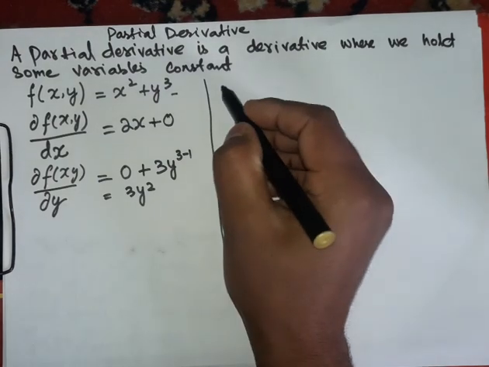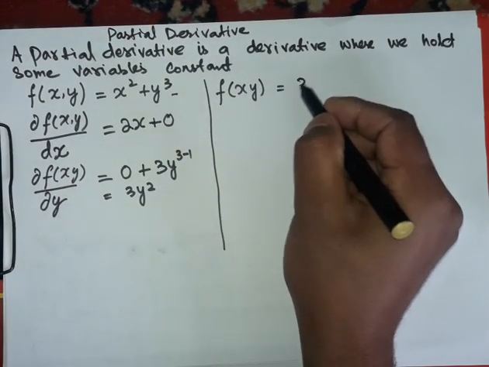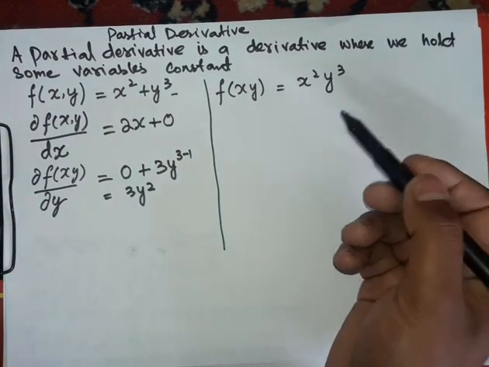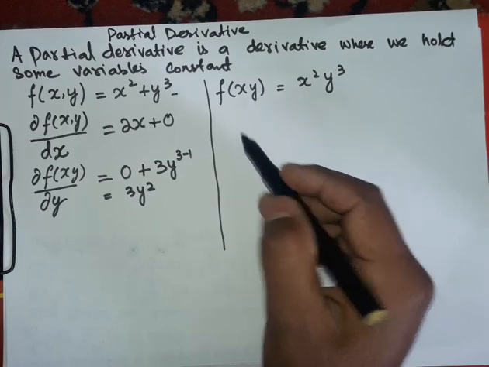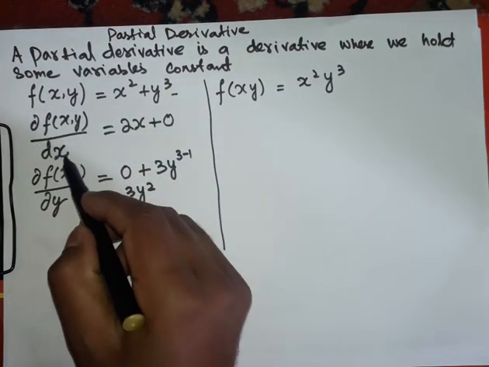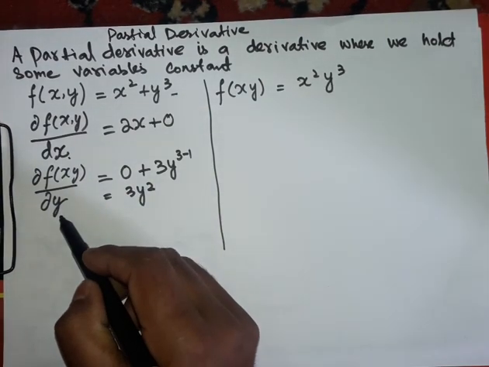We can take another example. If we have f of x, y is equal to x square y cube, this function is also in two variables. If we take the partial derivatives, this means we are taking the partial derivative with respect to x, and also the partial derivative with respect to y.